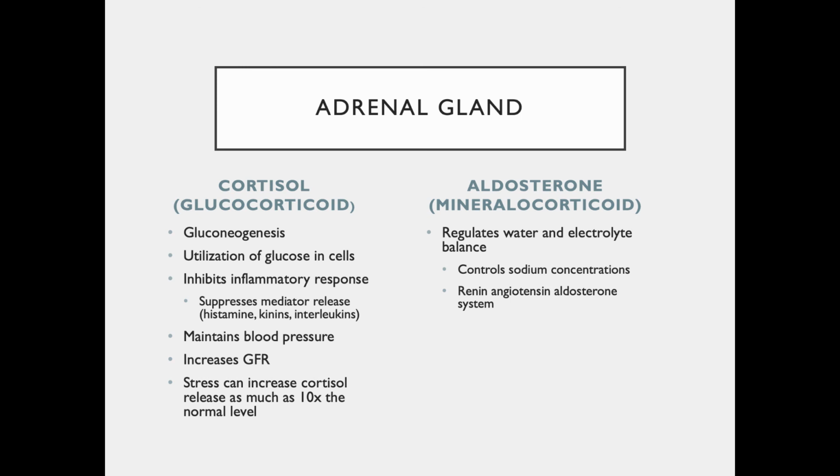And the cortex also produces the mineralocorticoid. The inside or the medulla of the adrenal glands actually produces the catecholamines. And we're not going to talk about those right now. We're going to talk just about the corticosteroids.